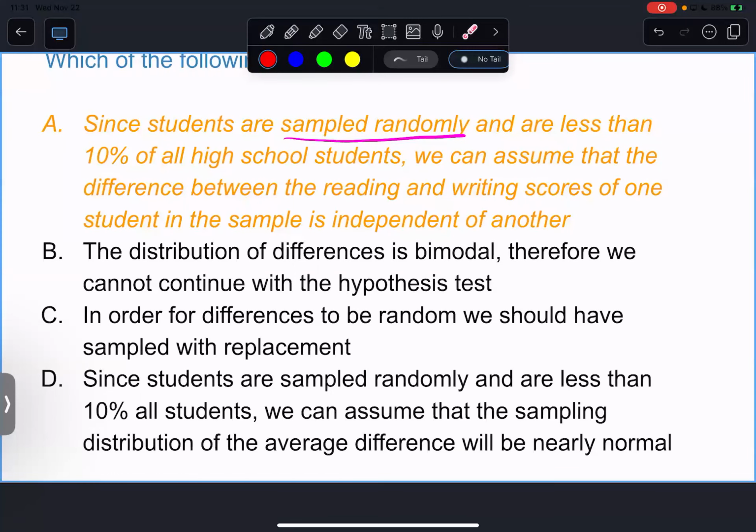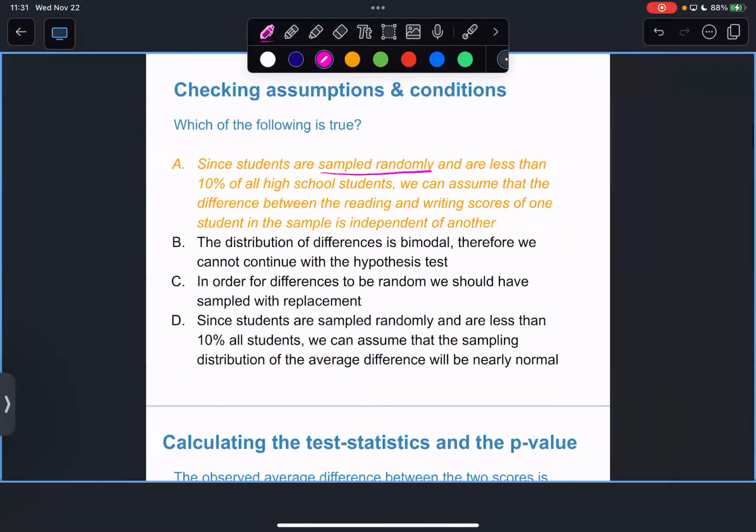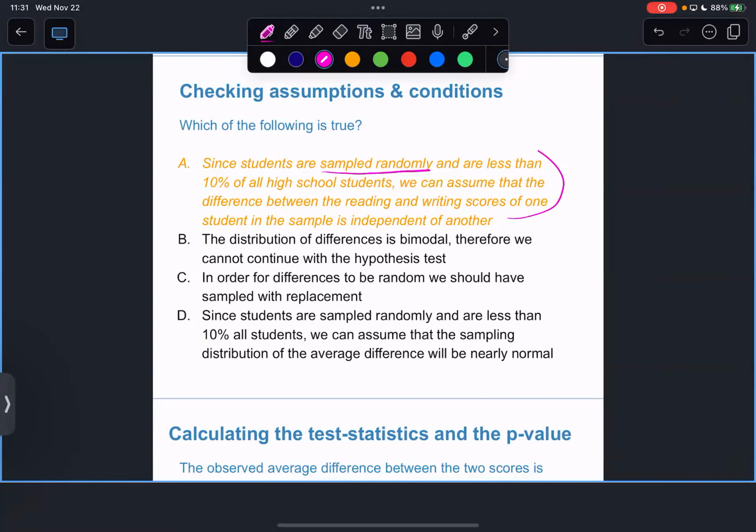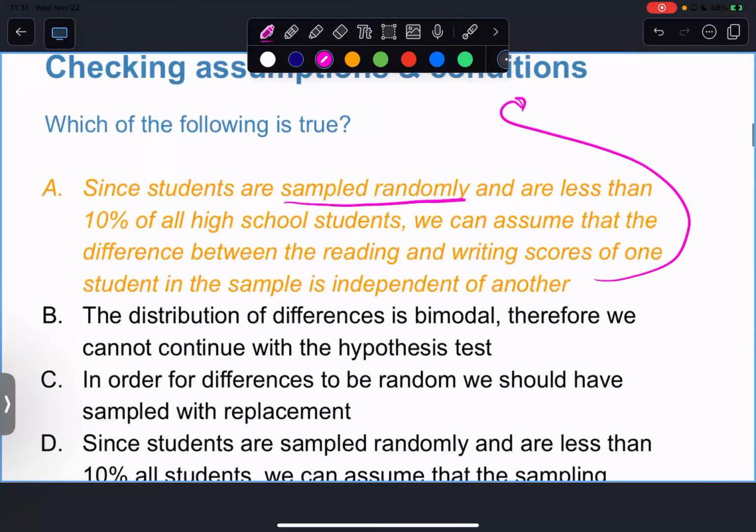The two samples are not independent, but the students are independent of each other.